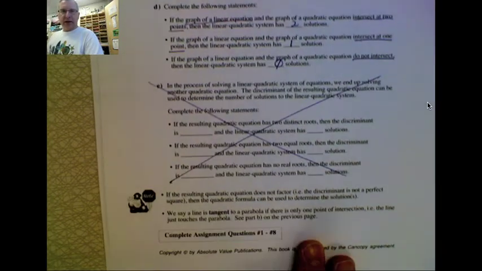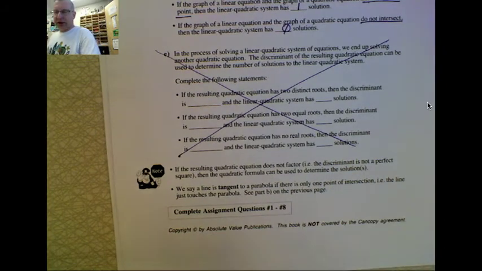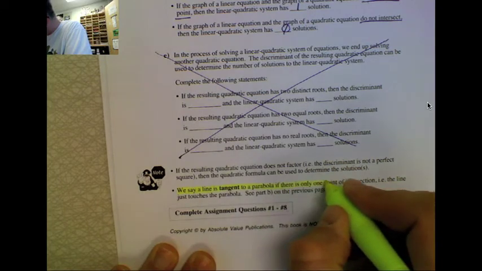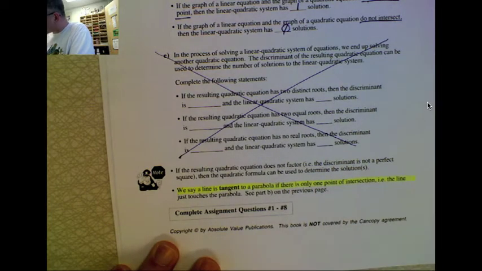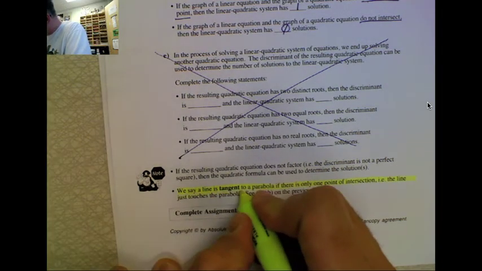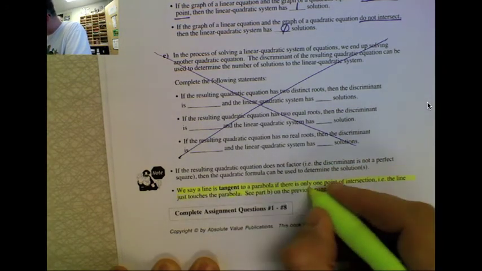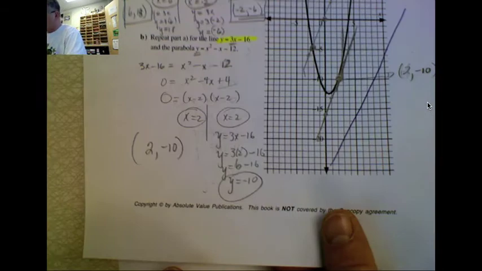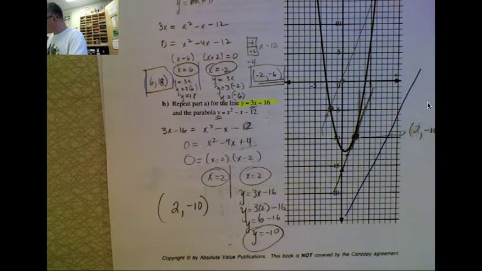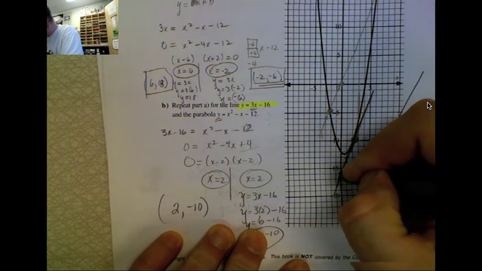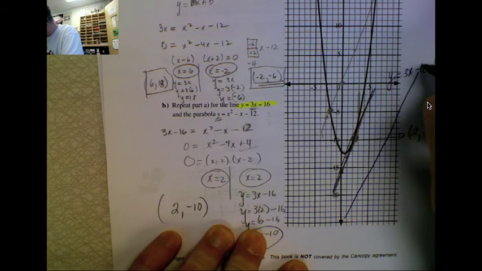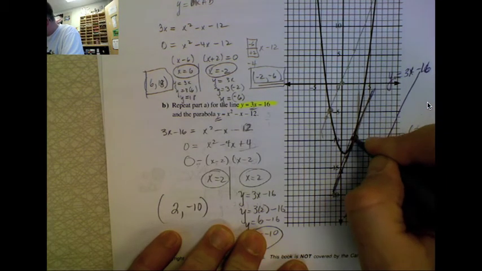Now, something else you want to note is that this statement down here says we say a line is tangent to a parabola if it has 1 point of intersection, i.e. it just touches the parabola. So if we go back to this particular graph, we're going to say that this second line that we graphed here, which was y equals 3x minus 16, is tangent.